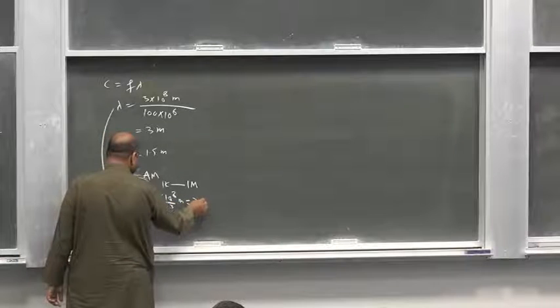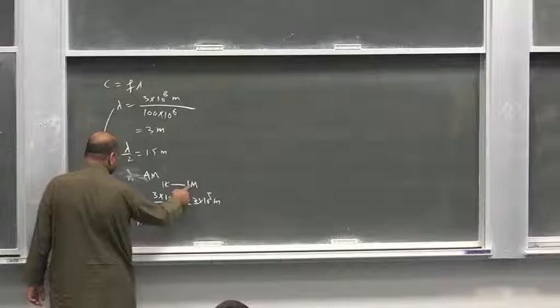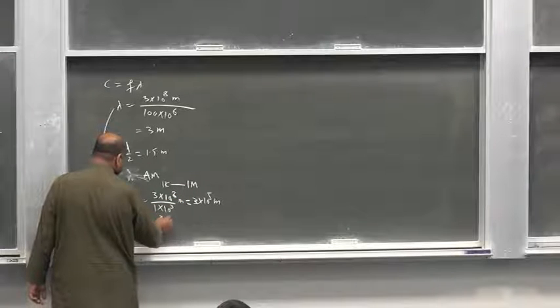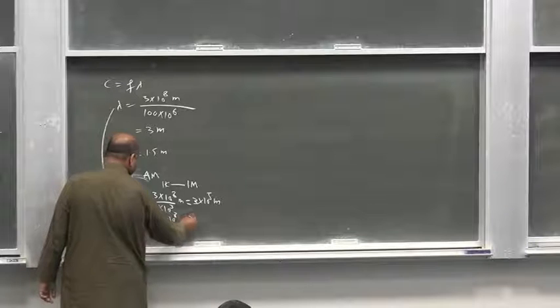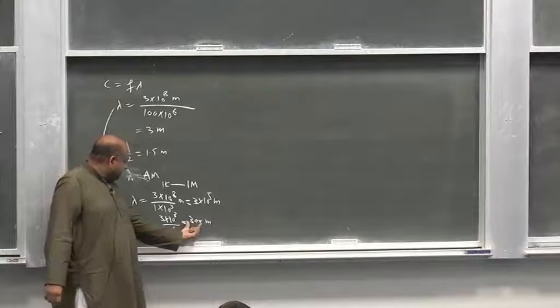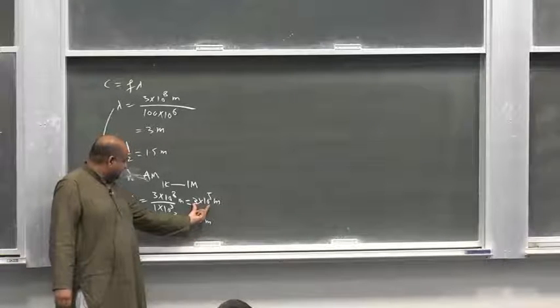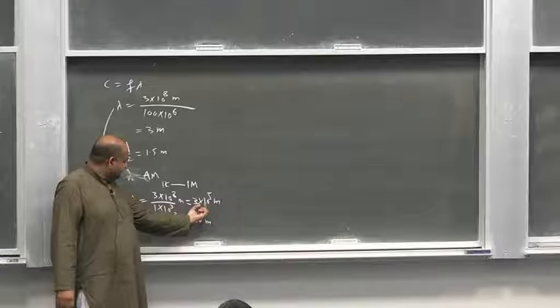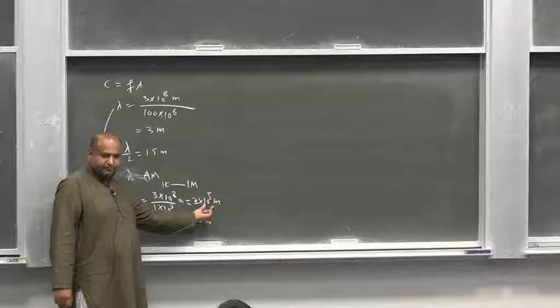This is 3 times 10 power 5 meters. And at 1 megahertz, this is 300 meters. So even half of this is like 150 meters. Half of this is still 100 kilometers.